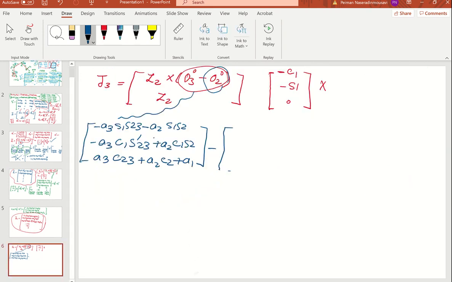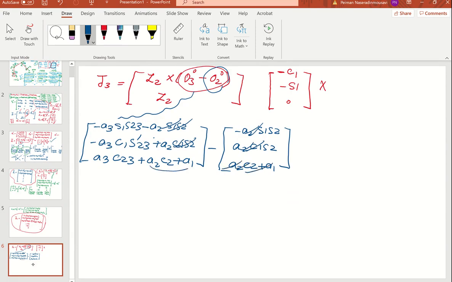So now here: minus A2 S1 S2, A2 cosine 1 S2, A2 cosine 2 plus A1. Minus and plus goes, minus and minus goes.